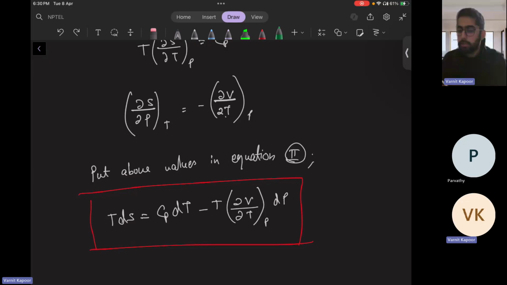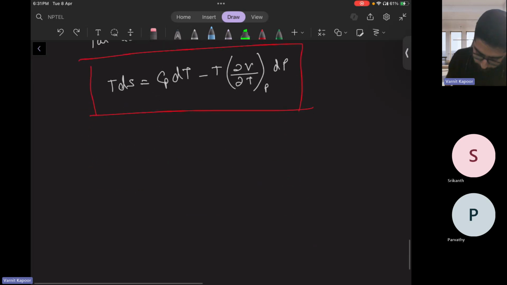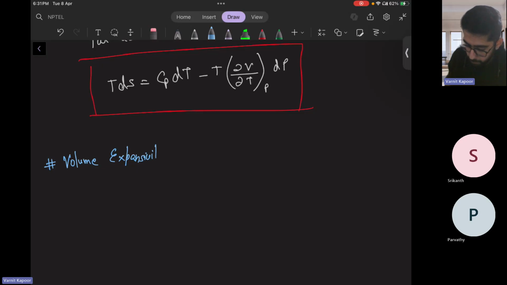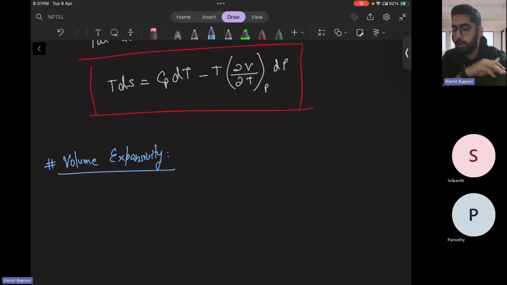All right. So now let us come to the concept of volumetric expansivity. What is volume expansivity? It's basically a measure of fractional change in volume of a substance per unit temperature rise.